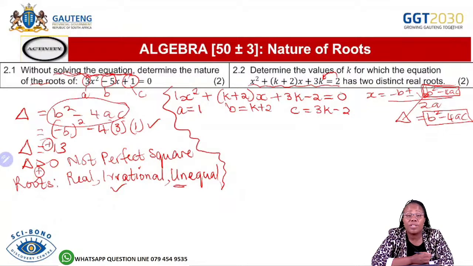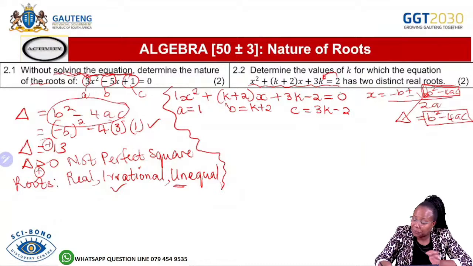And then now let's read the question again. It says, determine the values of k for which the quadratic equation given to us has two distinct real roots. Distinct means what? Different real roots. They must be different. Let's see now.